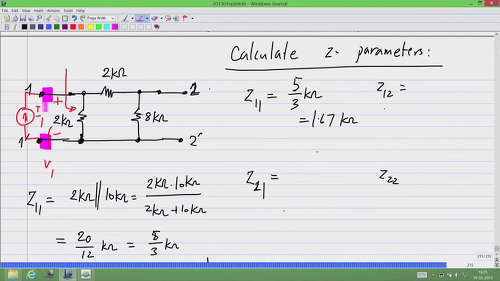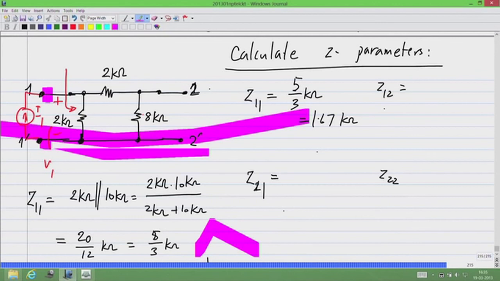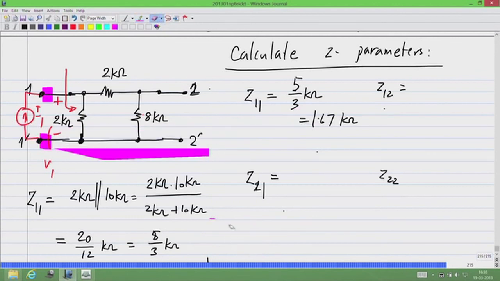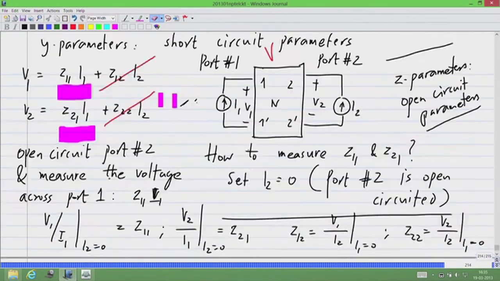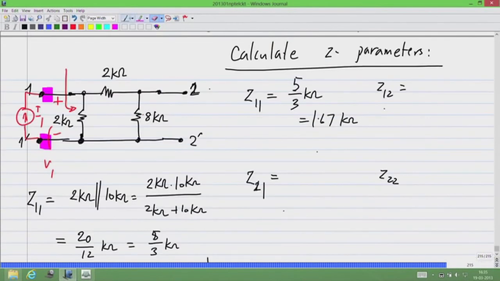So essentially you have to do circuit analysis with a single source I1 applied here. You have to find V1. So V1 by I1 will be the resistance looking between these two terminals. Okay. Also, if you apply I1 here, you have to find the value of V2, that is the voltage that appears between these two.